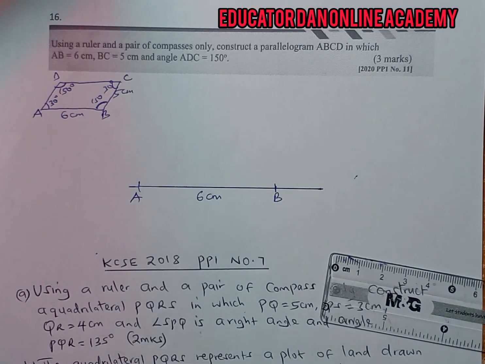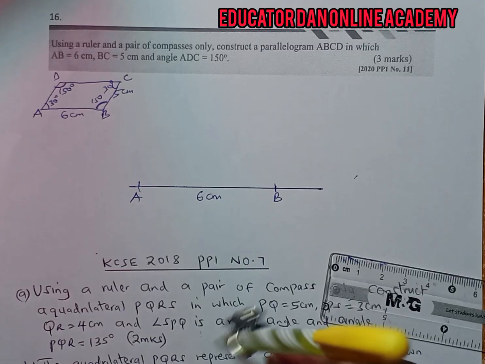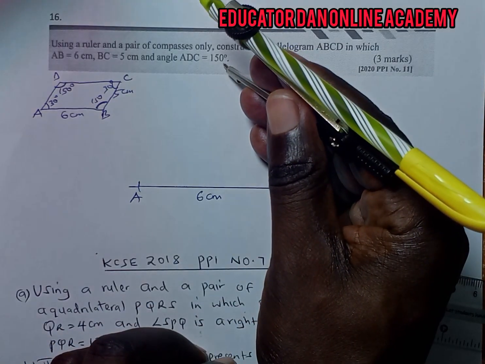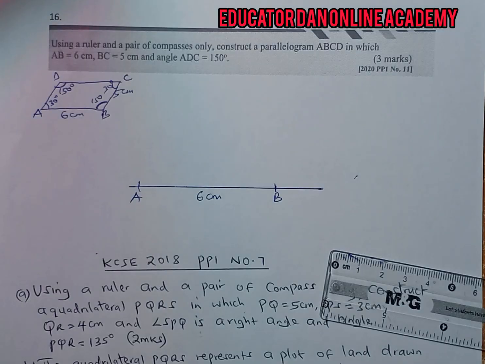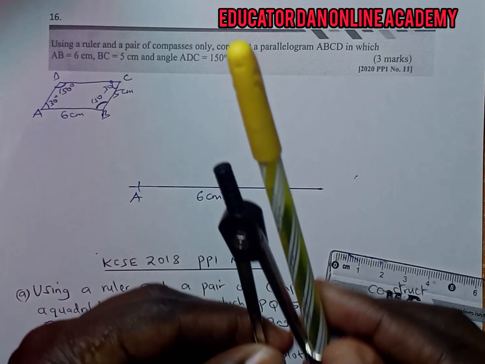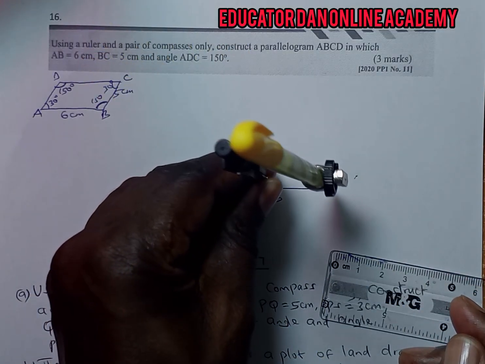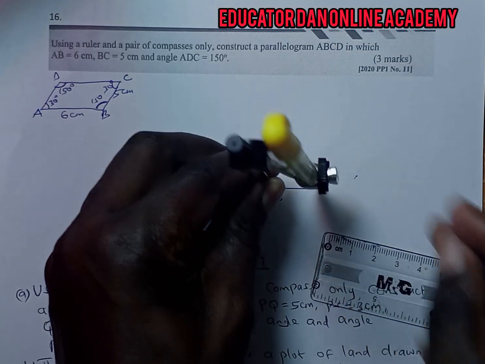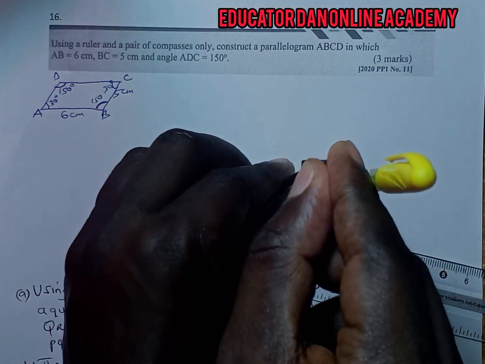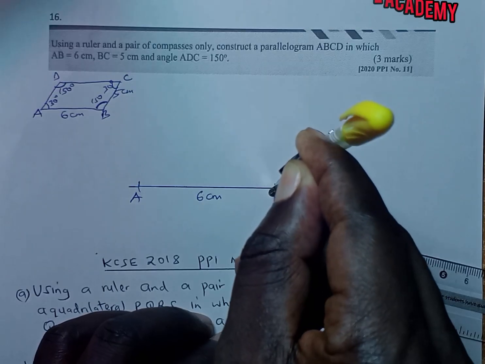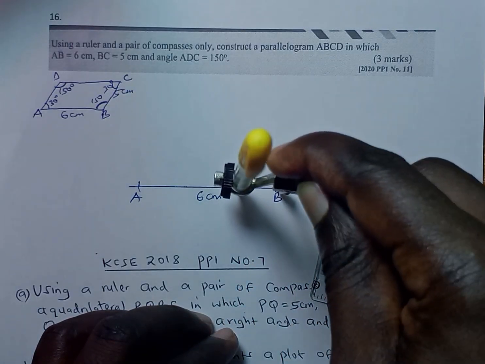Once we have done that, we come and measure an angle of 150 degrees. In this case, since we are not using a protractor, we will be required to construct an angle of 150 at this point. You can stand at point B and draw a semicircle of your own radius.